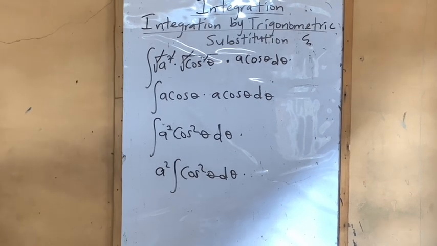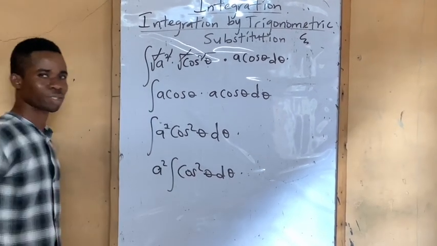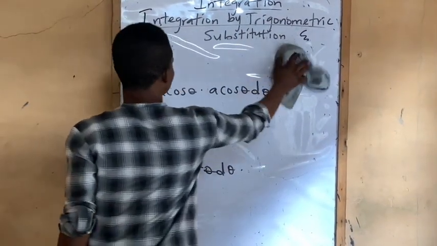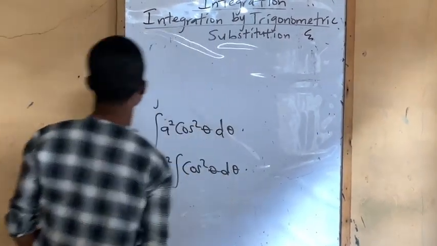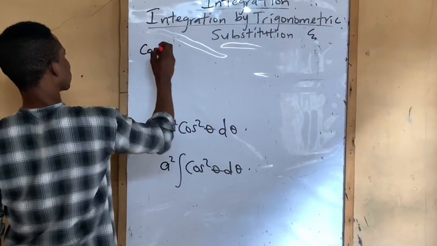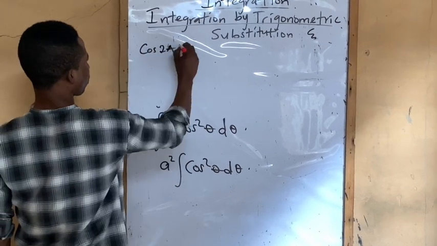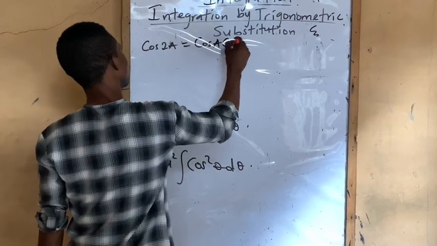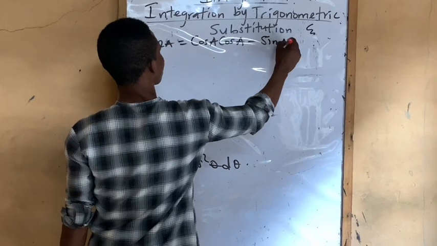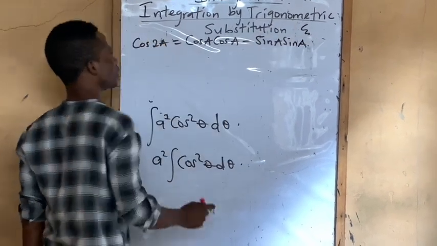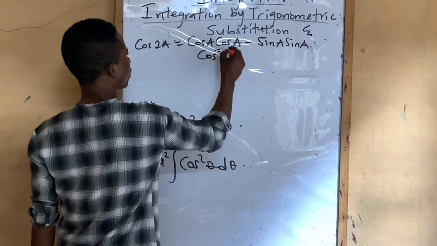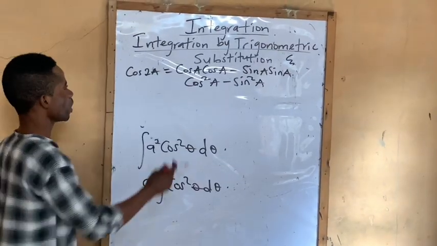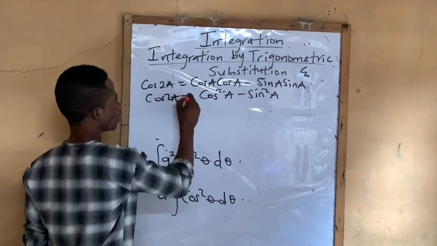Now from our trigonometry, we have to know how we can get this cos square theta. If you can remember, cos 2A in our trigonometry is cos A minus sin A, and this gives me cos square A minus sin square A. So cos 2A equals this.